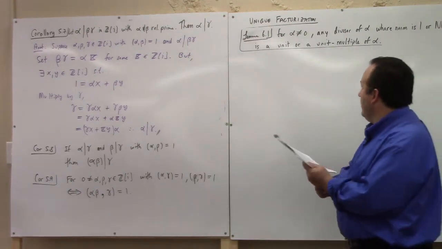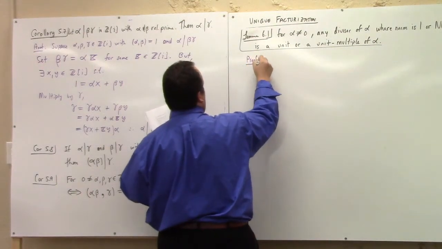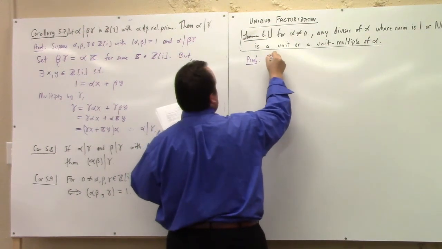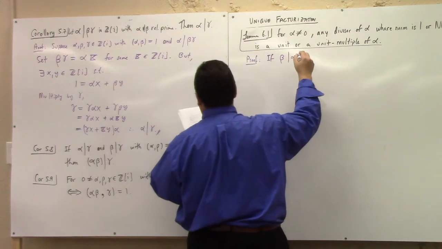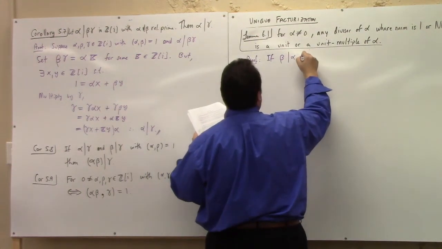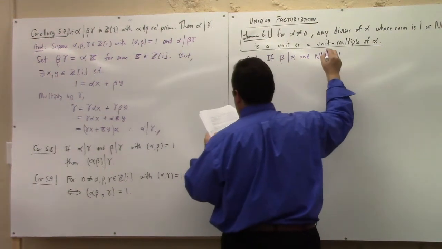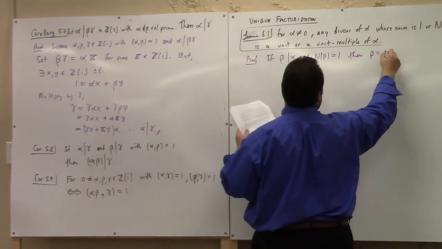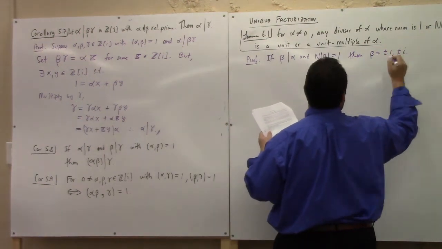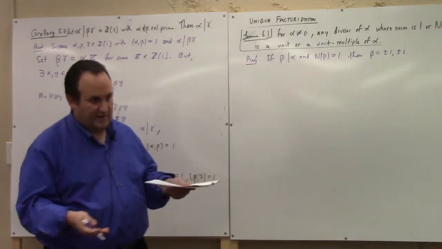It's not too long. He says if beta divides alpha and the norm of beta is equal to 1, then beta is either plus or minus 1 or plus or minus i. It's a unit, because if the norm of beta is 1, it's a unit from last time.